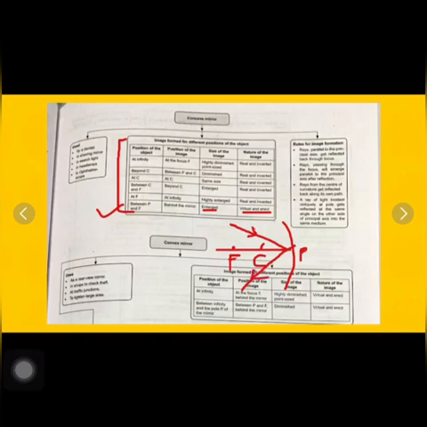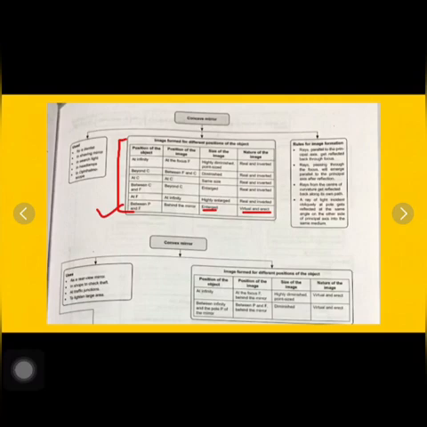By selecting any two rules for the image formation, you can easily draw your ray diagrams. So this was all about the concave mirror.